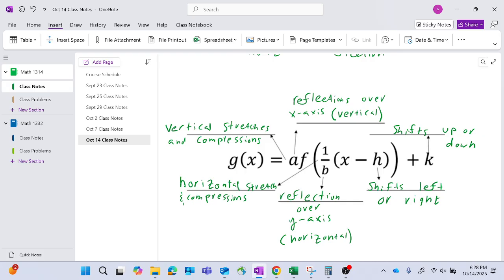Are we ready to keep going, guys? Or are you also copying? Still copying? Okay.